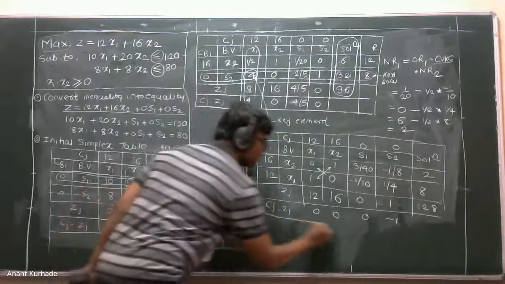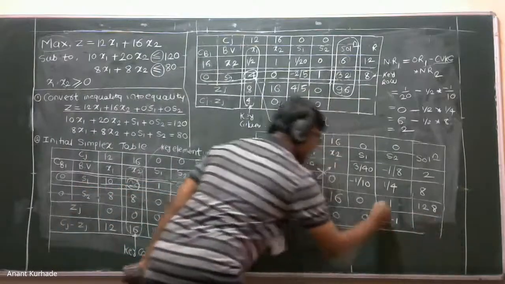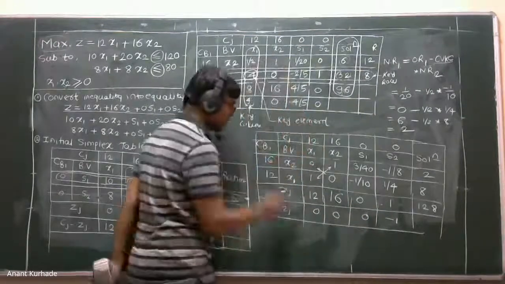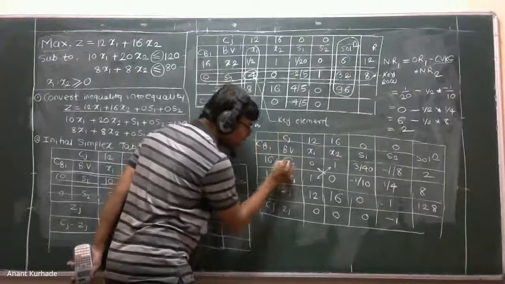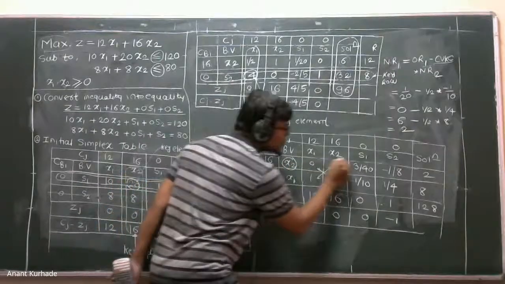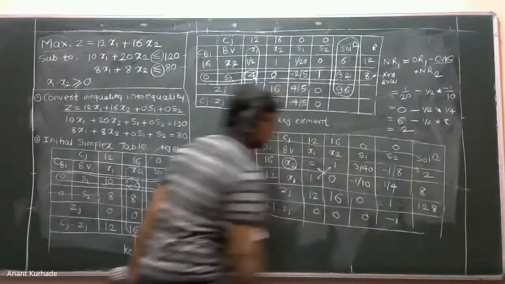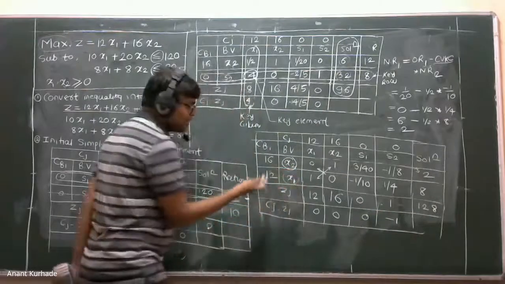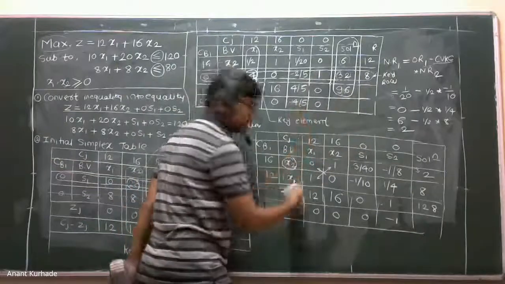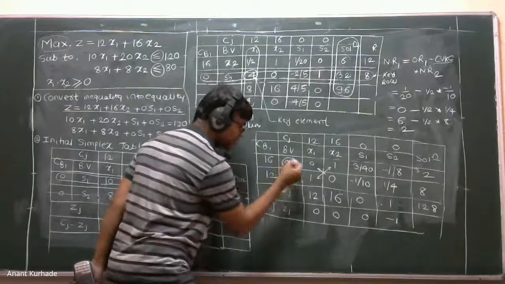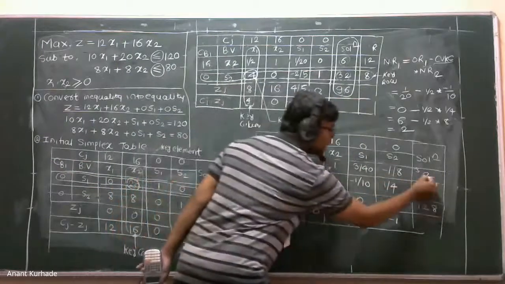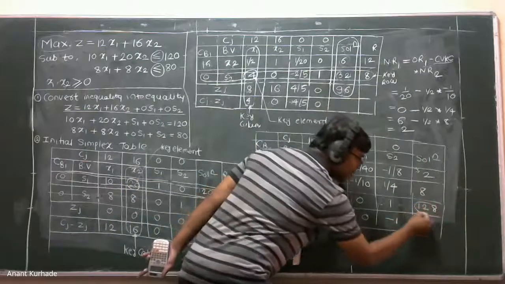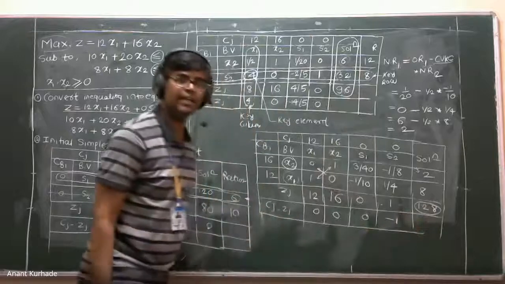You can stop here. Now what will be your final answer? Most important, here we have x2, so the value of x2 is 2. If z is x1, don't write it by mistake. You can write the first as x1, the second as x2. Please check this variable x2. So x2 is equal to 2, x1 is equal to 8, and your final answer is 128.